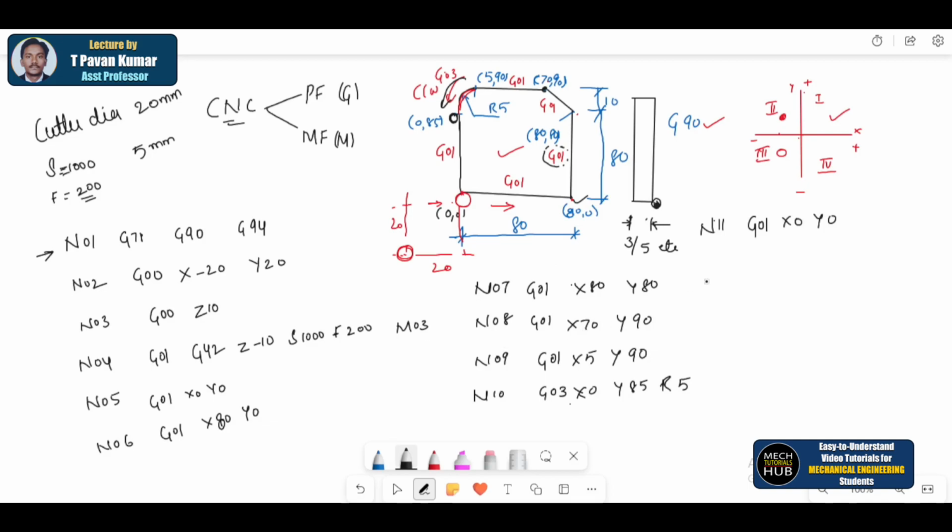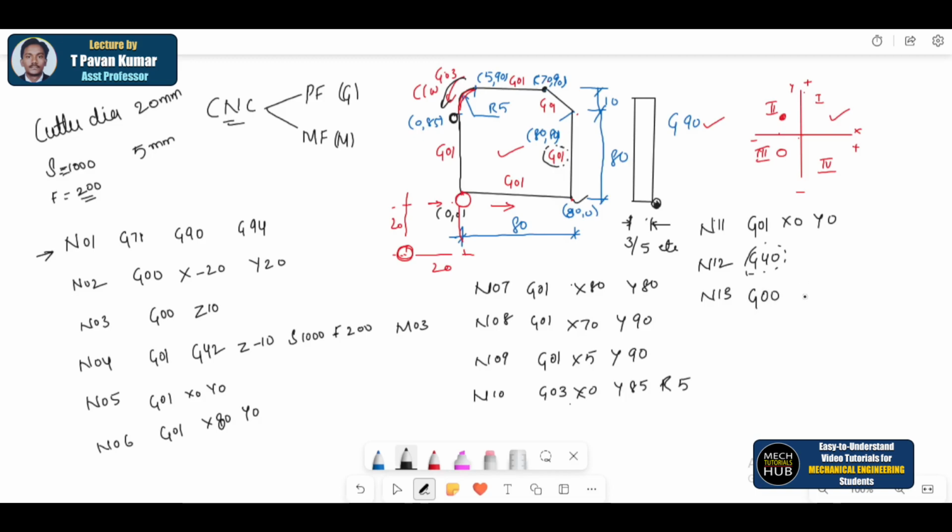That is okay, but after reaching the origin, what are we supposed to do? G40 is required, where the cutter compensation should be cancelled. Then N13. It is not compulsory to use G40 all the time. It is not going to make any difference if you stop the program directly.